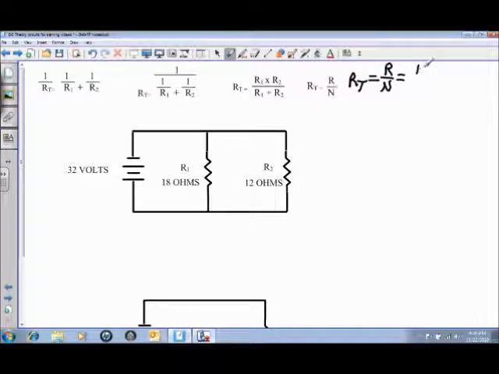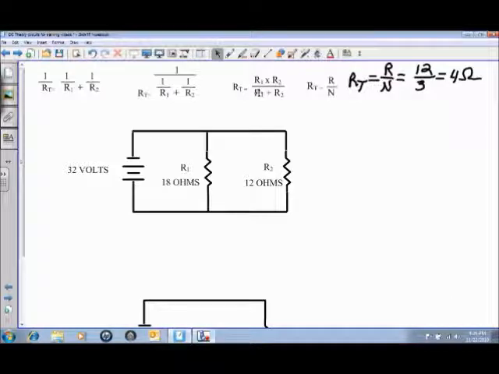I said that all three of the resistance values were 12 ohms, divided by three resistors. That's how many are in the circuit. And that will give you a total opposition to current flow of 4 ohms. So that's when you can use that formula, when all of your resistors are the same. If they're not, you can't use that one.